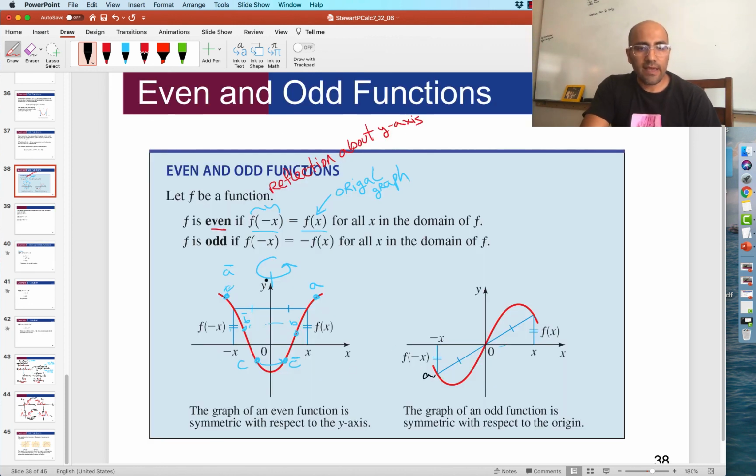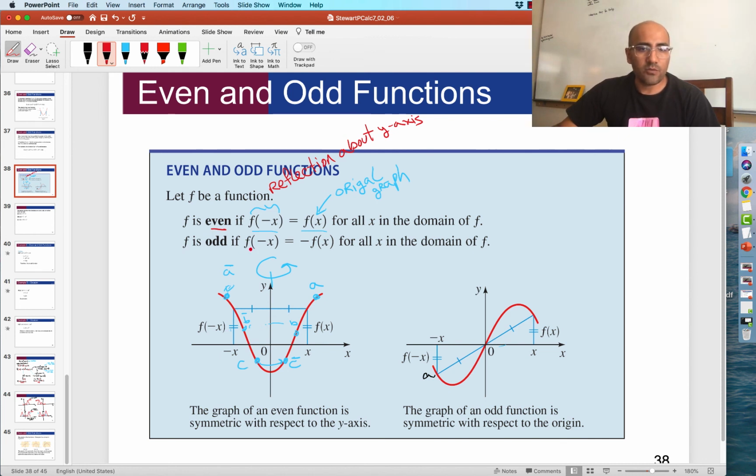This one is saying that for an odd function, the graph of the reflection about the y-axis is equal to, not the original function, but the reflection about the x-axis, right? When we have a negative out in front, that's a reflection about the x-axis.